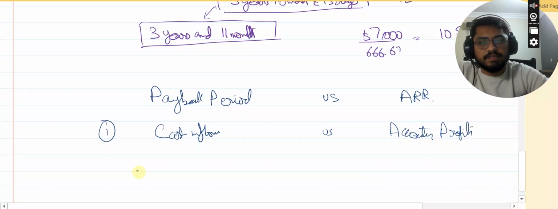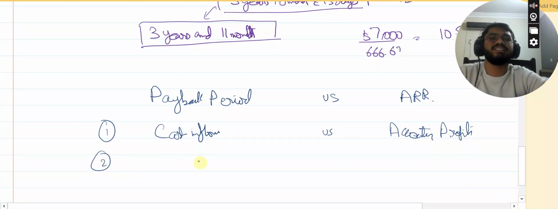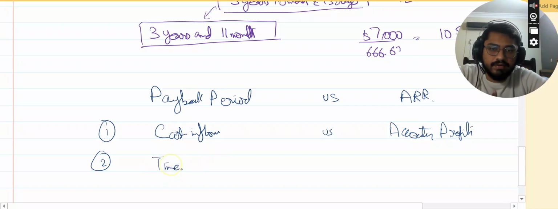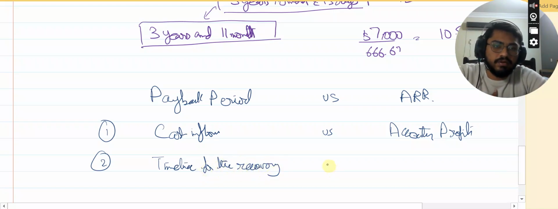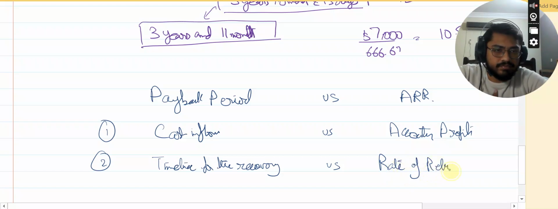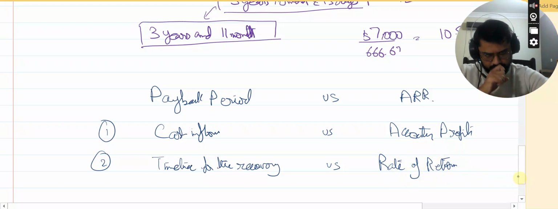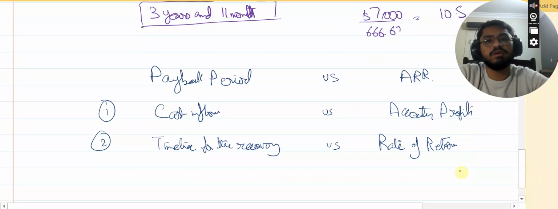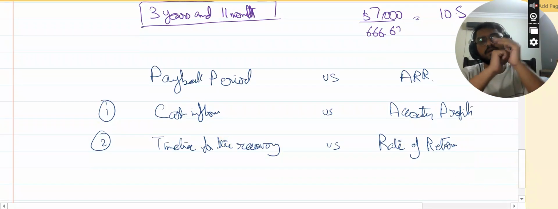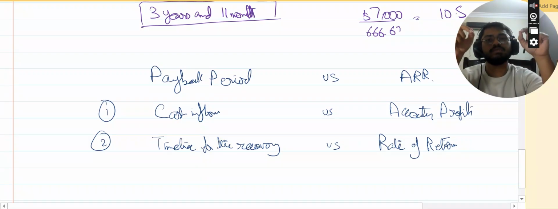Alright. The second difference to be noted is that the payback period provides us with a timeline for the recovery of investment. But the accounting rate of return simply tells us the rate of return that we are going to be getting on our investments. Now both of these methods are very easy to understand.